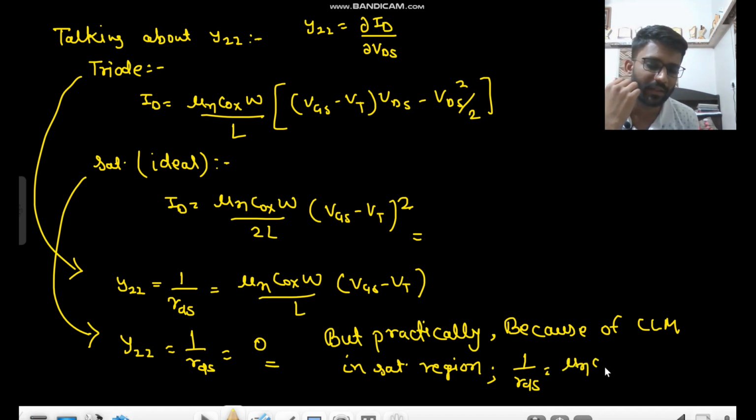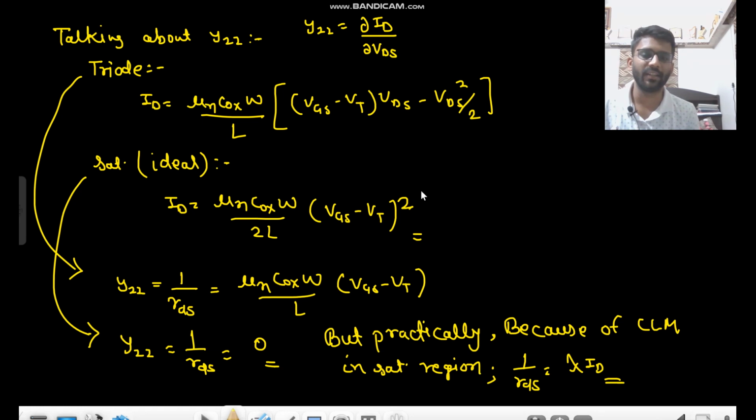Mu n COX, oh, don't forget that, it is simply 1 upon lambda ID, right? No, not true. 1 upon RDS is equal to lambda ID. So RDS is equal to 1 upon lambda ID.